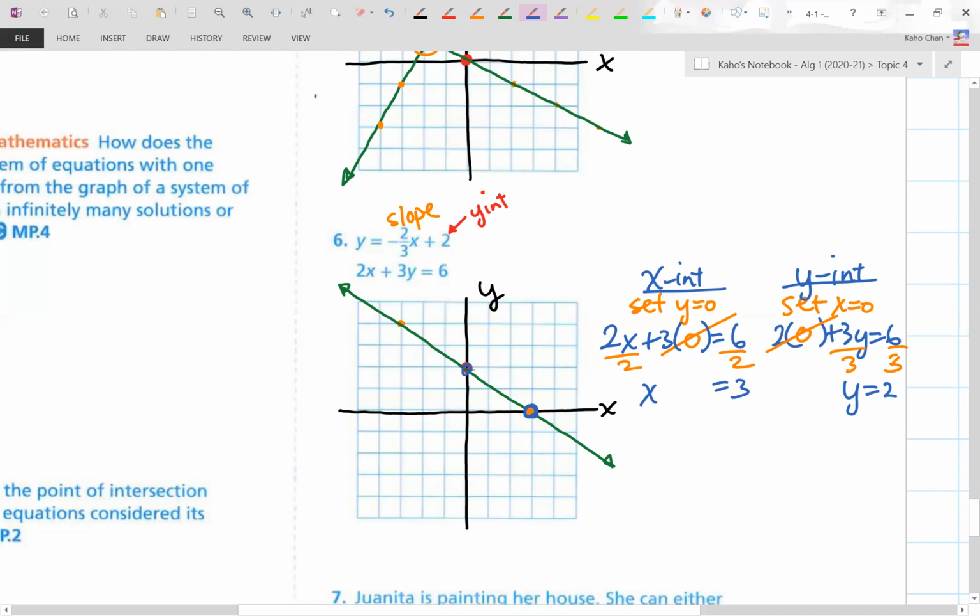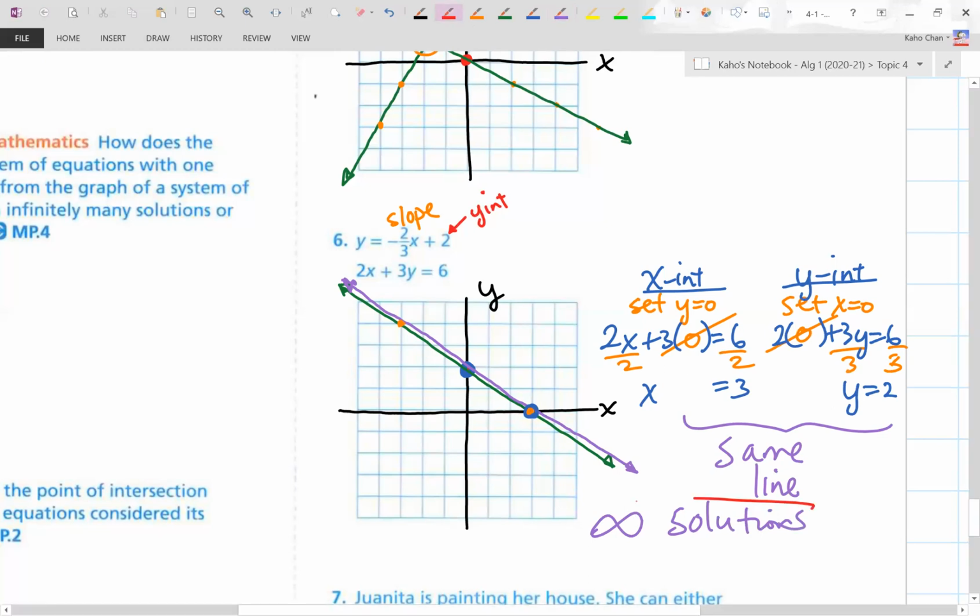I think I was right. Look at that, folks. Ladies and gentlemen, we have a situation where it's the same line, which means this has infinite solutions. Interesting.